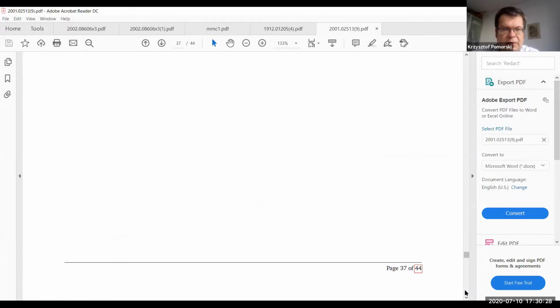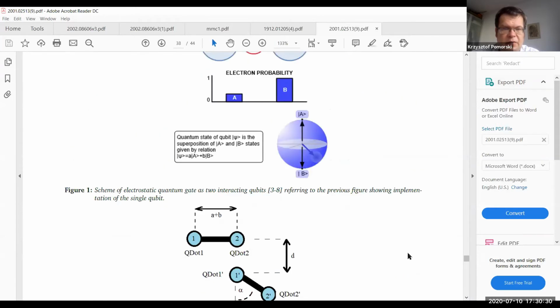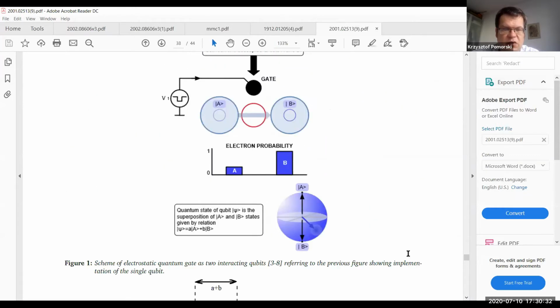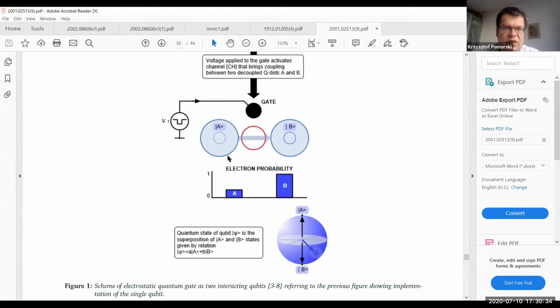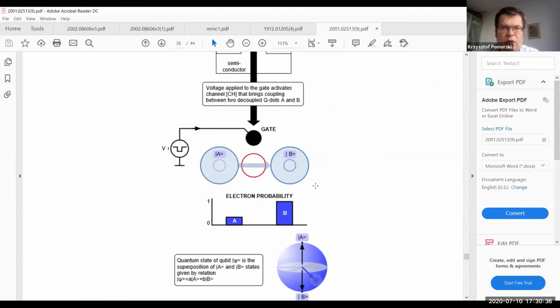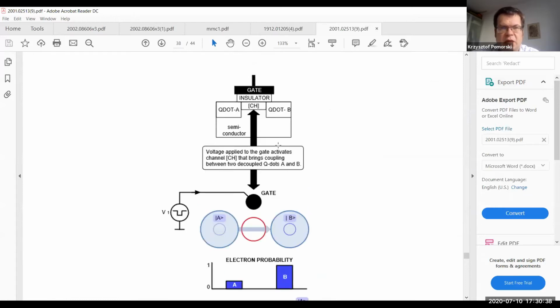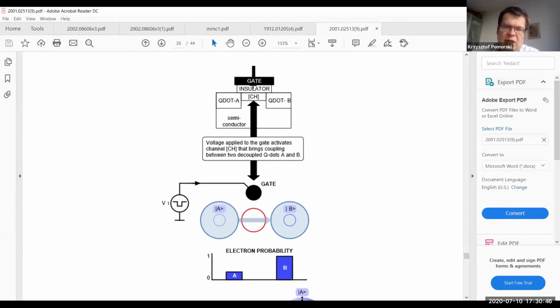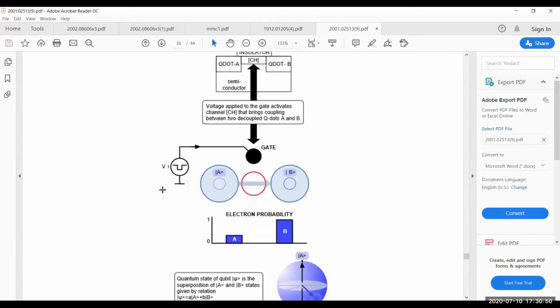All right, so this is our position-based qubit. We have reduced the system to the problem of two coupled quantum dots. That's nanotechnologically represented in such a way that there is quantum dot A and B. There is some channel, there is a gate, and this gate is able to control the tunneling rate between left and right quantum dots.